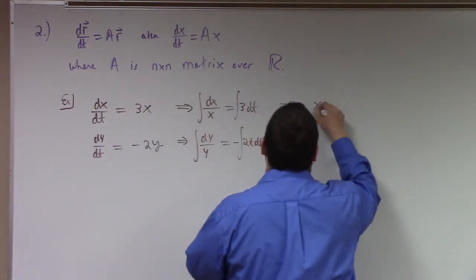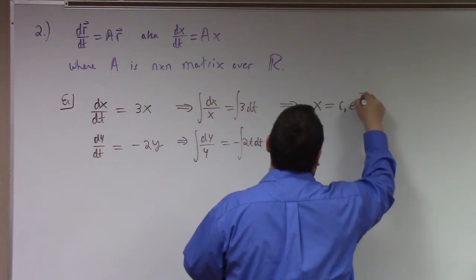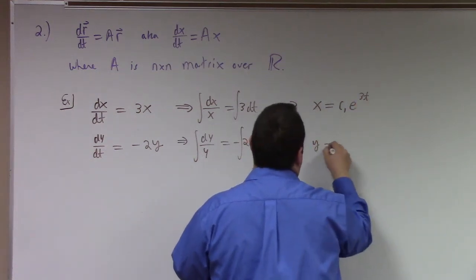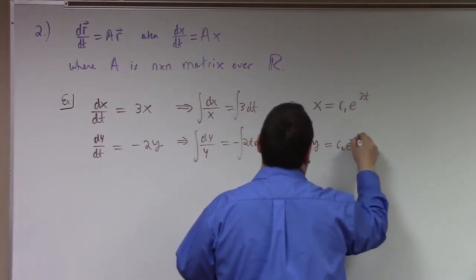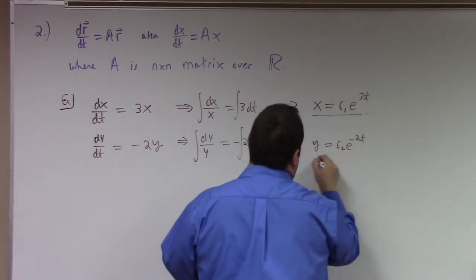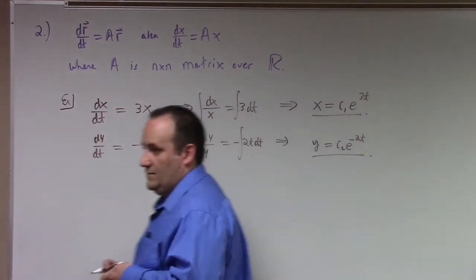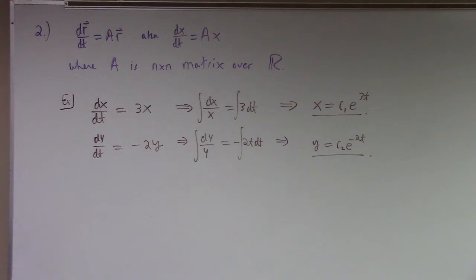You find that x is c1 e^(3t). You find out that y is c2 e^(-2t). There you go. So we solved this system of differential equations using calculus 2, separation of variables on each one at a time. Yay.